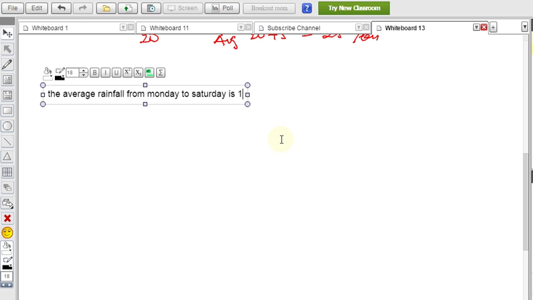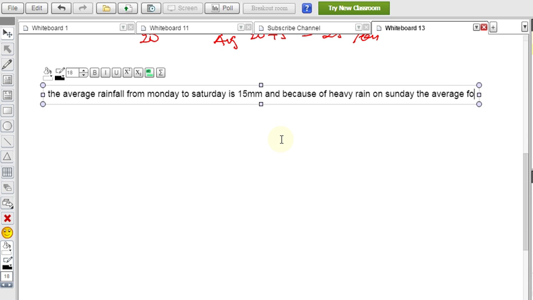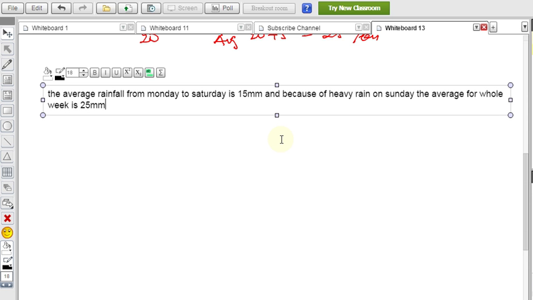And because of heavy rain on Sunday, the average for the whole week is 25 mm. Then find the rainfall on Sunday.